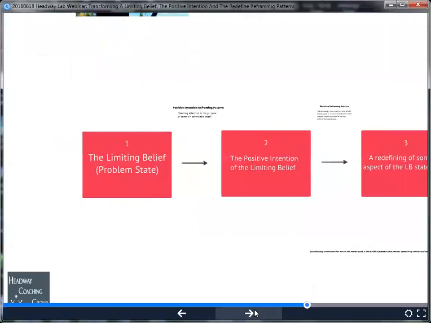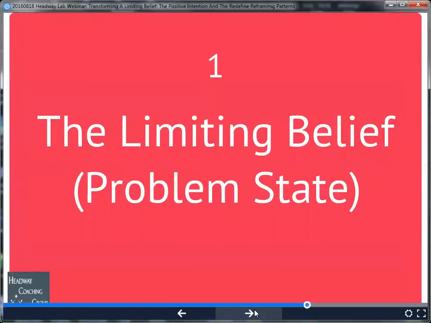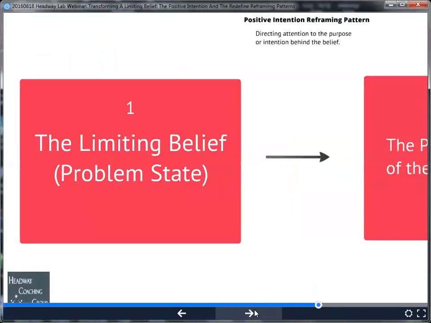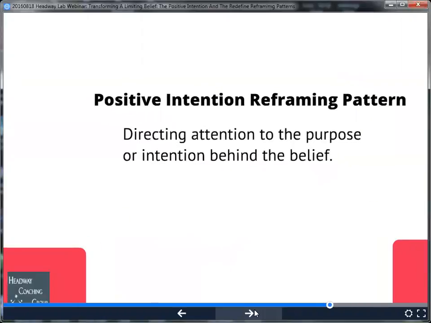I'm going to show you. So we were at that particular point. We would like to make the next step towards our final destination, and we use positive intention reframing patterns here. Guys, the idea is quite simple. It's one of the NLP presuppositions, meaning that we take it as an axiom, something we believe in.